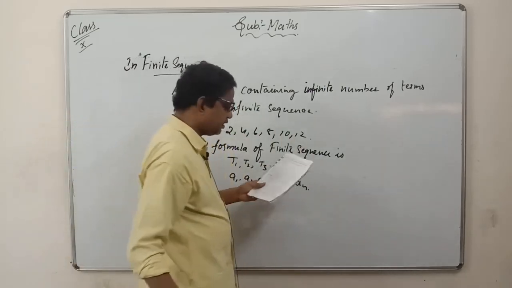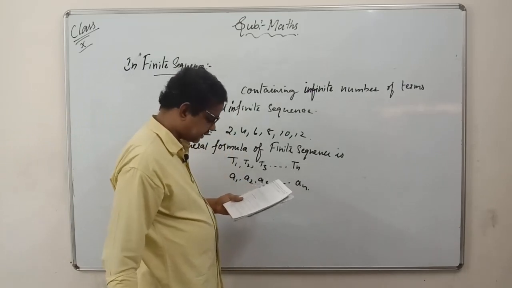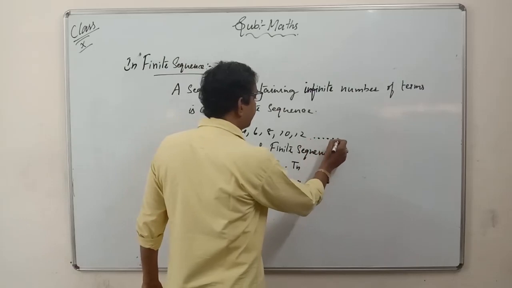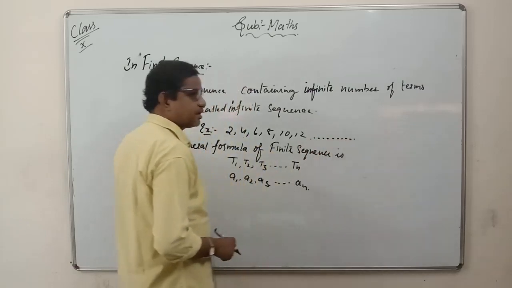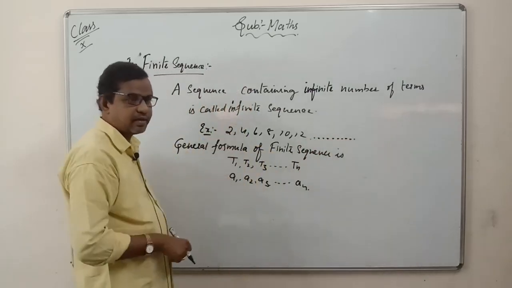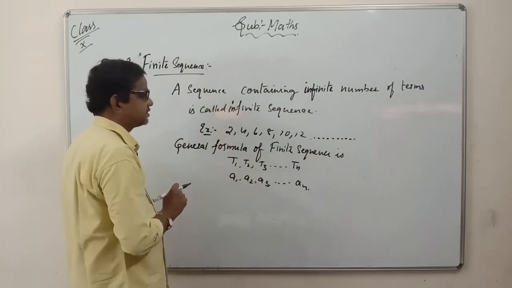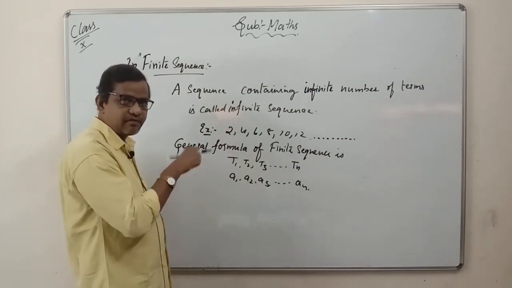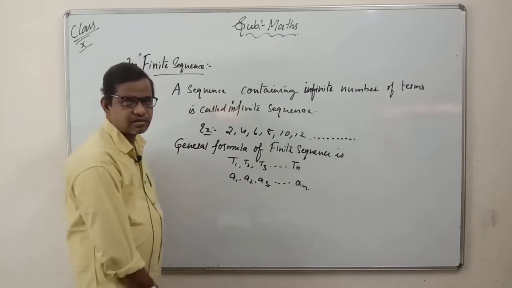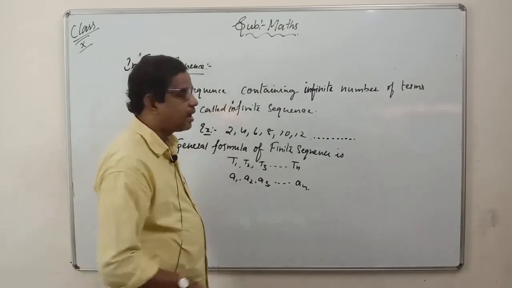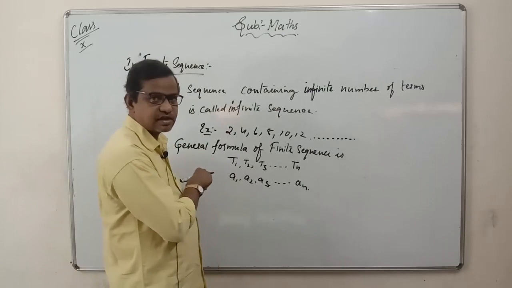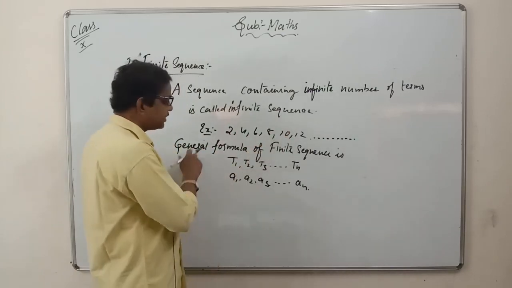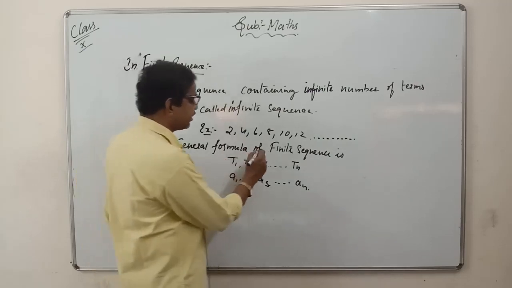The example is given there, 2, 4, 6, 8, 10. You can take the same example, but the thing is, they will not have any end. It goes on. So we cannot say where they will end. In finite sequences, we can say where they will end and which is the last number, because we know that the last number is the nth number. In infinite sequences, there will be no end. It goes on continuing.